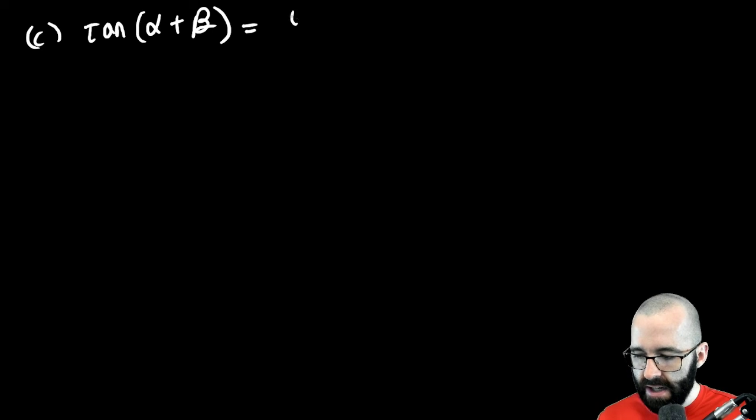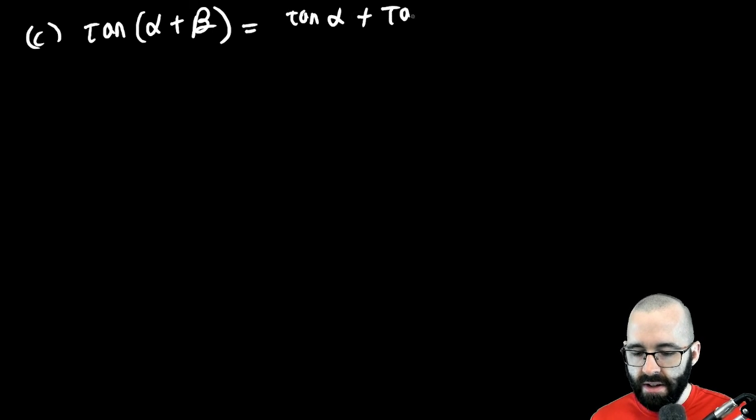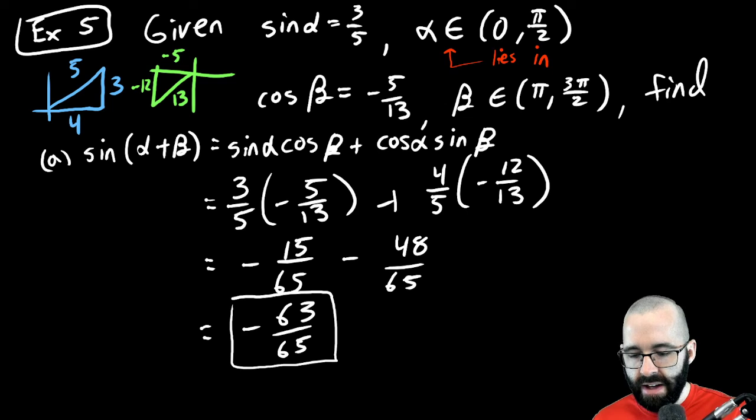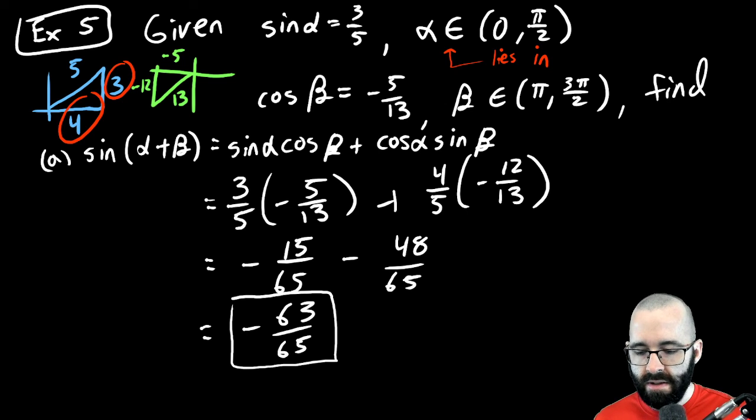This is going to be the tangent of alpha plus the tangent of beta divided by 1 minus the tangent of alpha times the tangent of beta. And again, what is the tangent of alpha? Opposite over adjacent, 3/4.